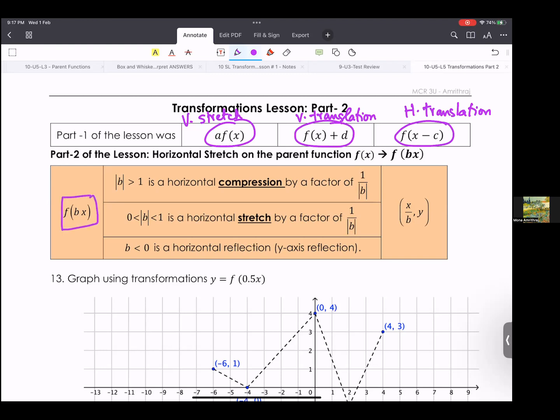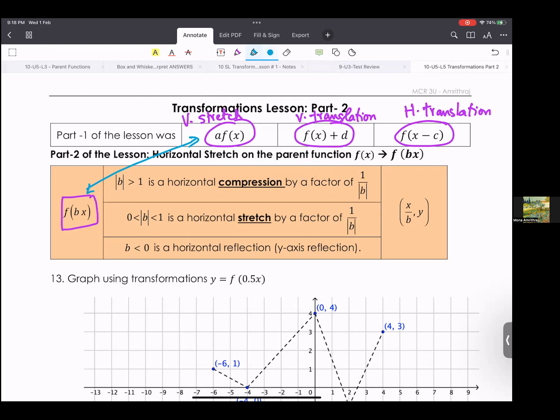Now, how are these two different? In one case, in the vertical stretch, the entire function is getting multiplied by a factor of a, whereas in the second case, the x value is the one that's getting multiplied. Okay, so there's a big difference, right?